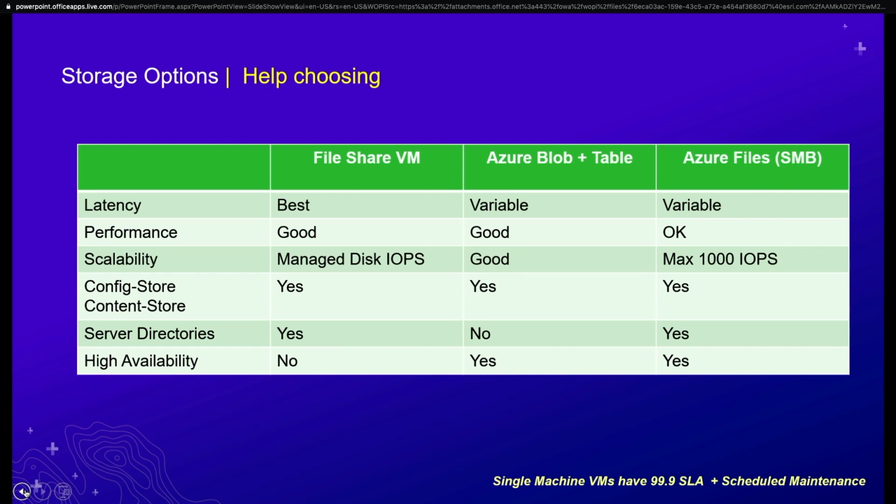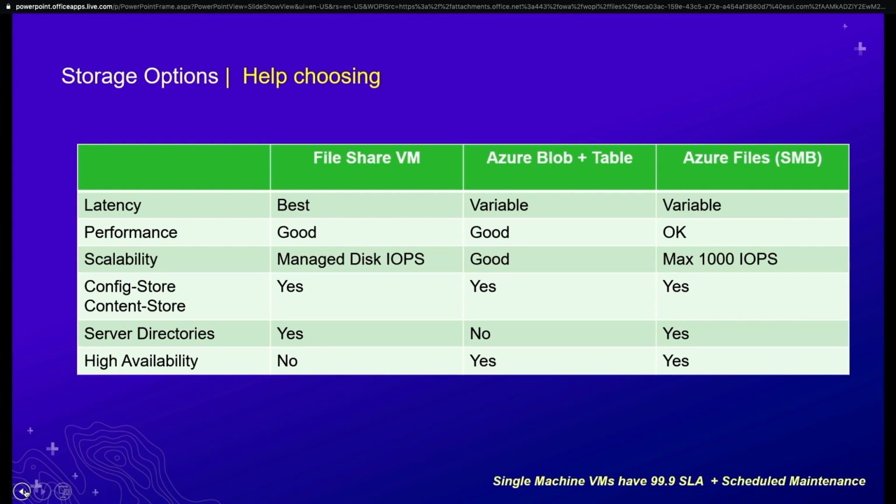Azure Blob and Tables is good and provides scalability, but you today cannot put things like the server directory on it. Azure Files is a sort of a beast that has given us mixed results. Even with the premium tier of Azure Files, you typically are looking at a really large Azure Files queue with a large amount of IOPS to get decent performance.